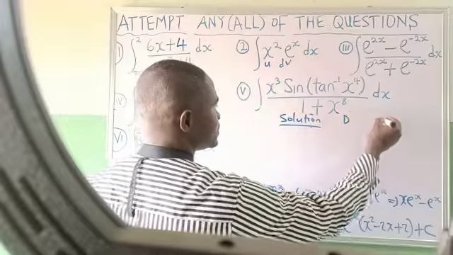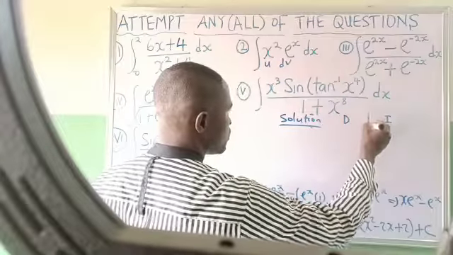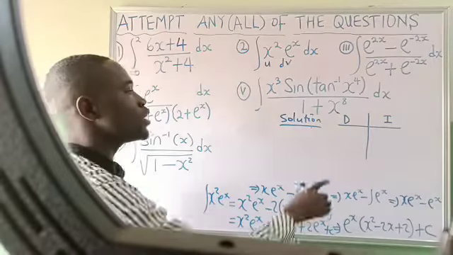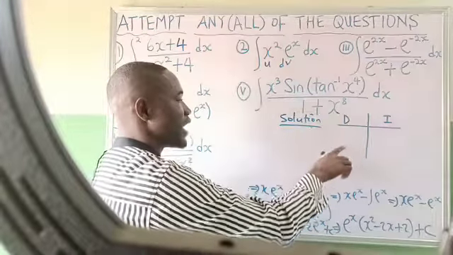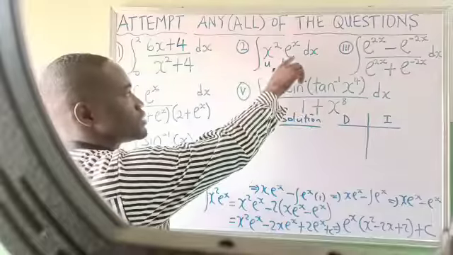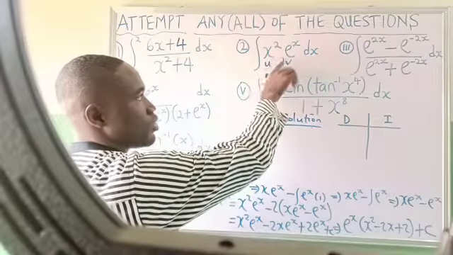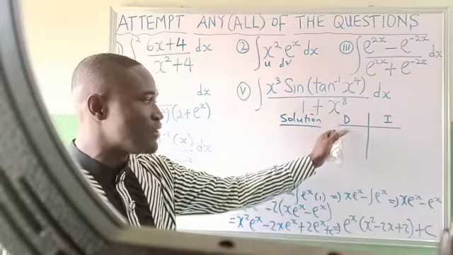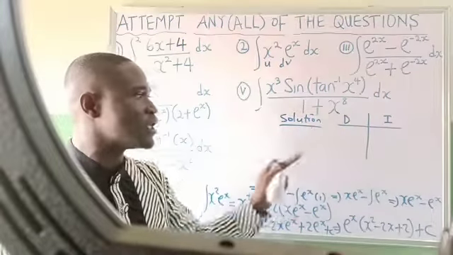We'll write D I because we are treating integration by parts. Now, what determines what should be at this side is which of these functions I can put here so that when I differentiate at a point it will give me 0.